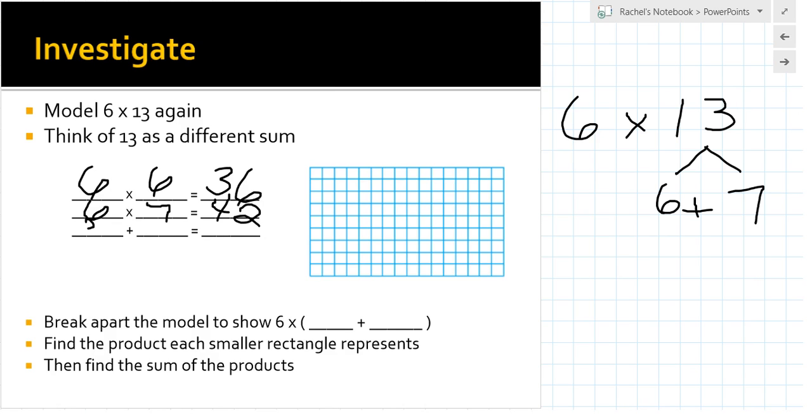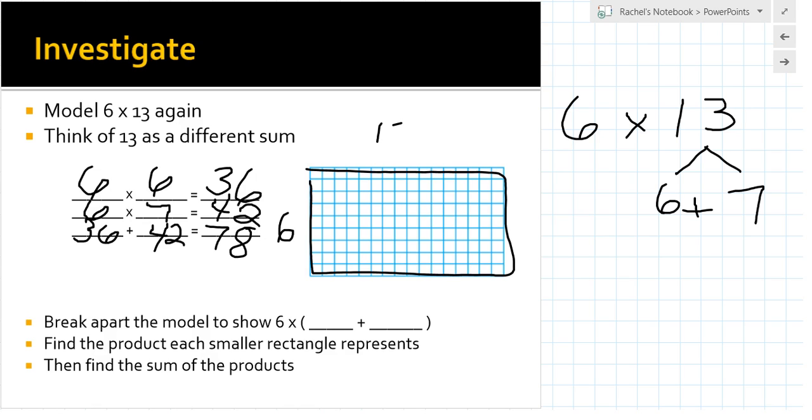When we add 36 and 42, which are two simpler problems, we can add them together and get that same product of 78. So breaking apart the model in yet a different way, we'd still start off with 6 and 13, but we're breaking this number into 6 and 7.